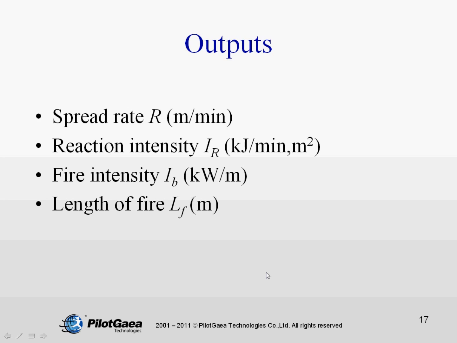After the input of factors and calculation, the full output will be obtained as in the figure above, including spread rate, reaction intensity, fire intensity, and length of fire. After getting the fire intensity and length of fire, the user can understand the burning situation of the whole fire.